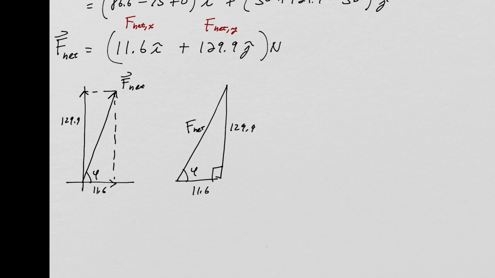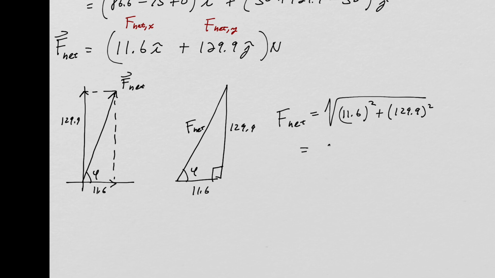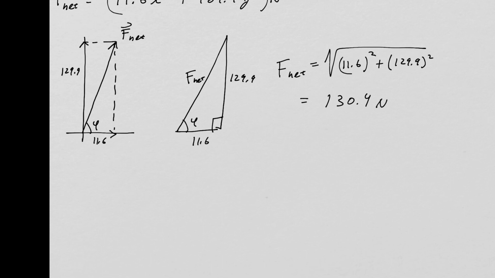Remember, the magnitude is always Pythagorean theorem. So F net is the square root of 11.6 squared plus 129.9 squared, and that turns out to be 130.4 newtons.